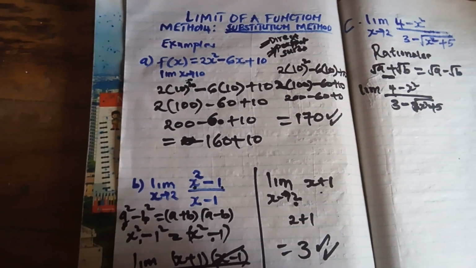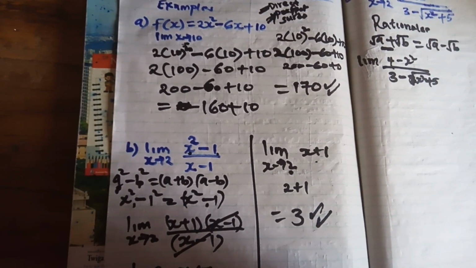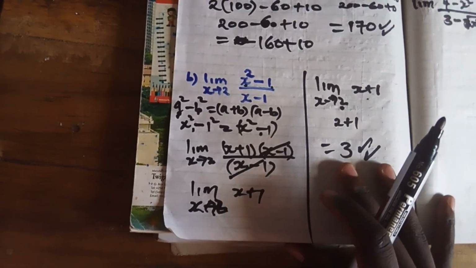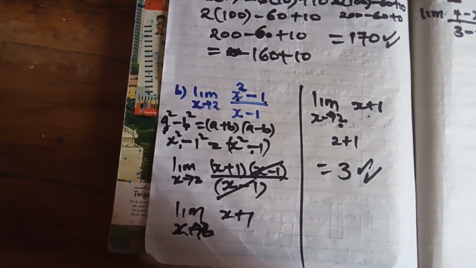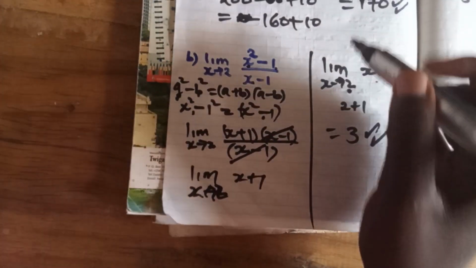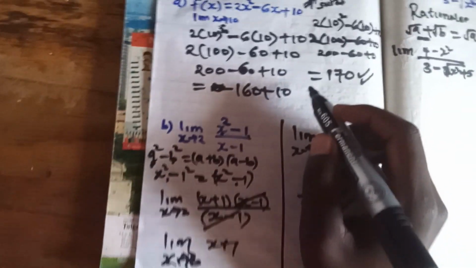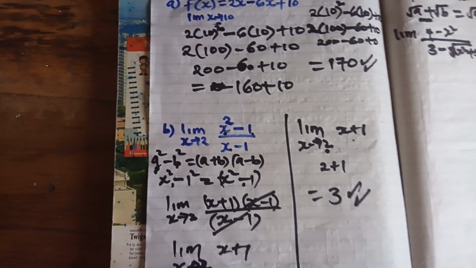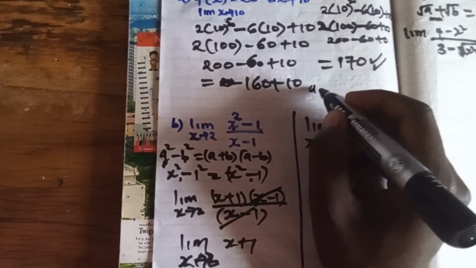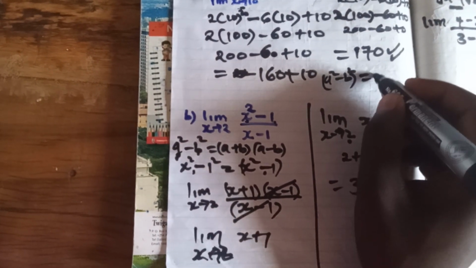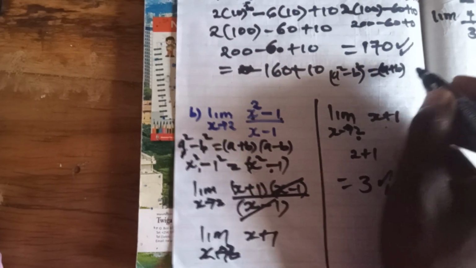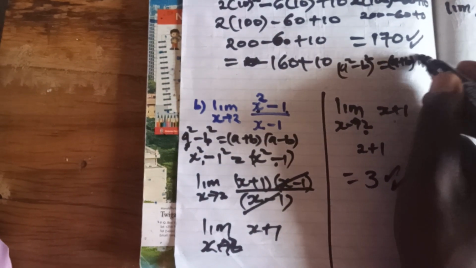Let us look at the second knowledge that requires the knowledge of perfect squares. As we know, the function a squared minus b squared always gives us (a plus b)(a minus b).